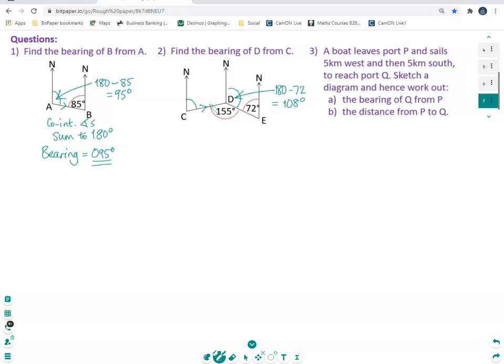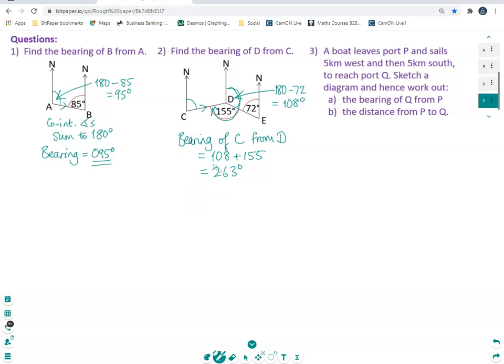Now we could work out this angle and then use co-interior angles, the same as we did there and here. Or we can say this total angle here is the bearing of C from D. And that is going to be the 108 plus the 155, which gives 263 degrees.